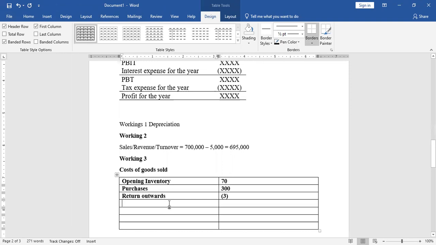And then the other thing that will affect purchases is carriage inwards. The carrying of the goods into the business is part of the purchases of those goods.